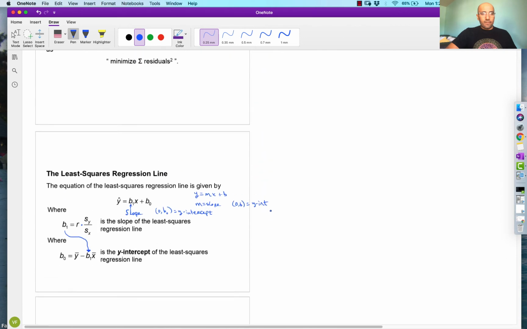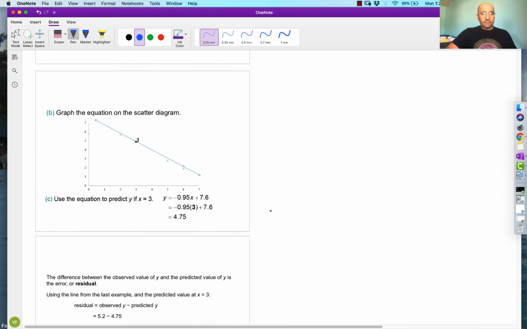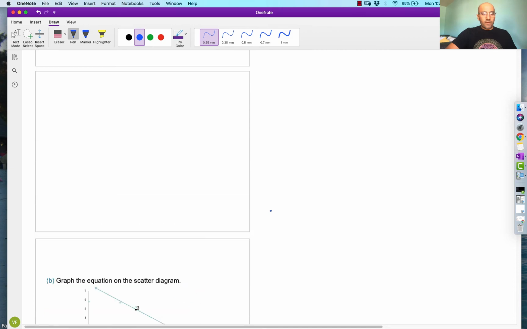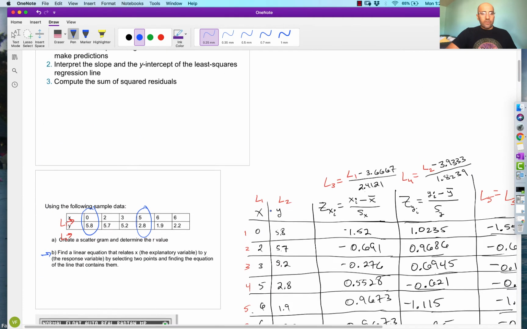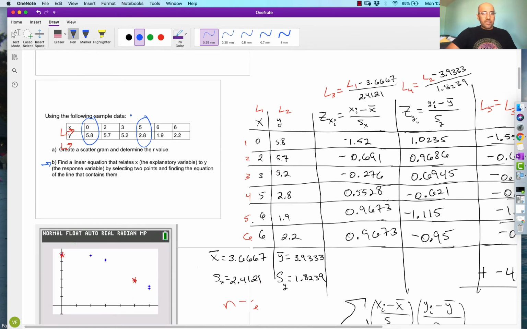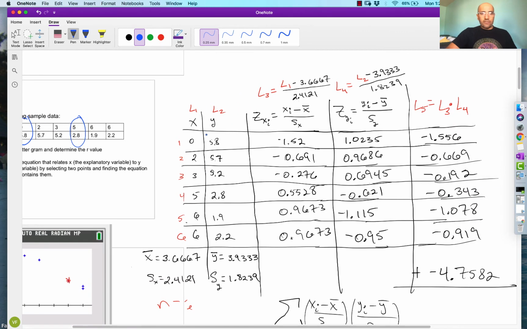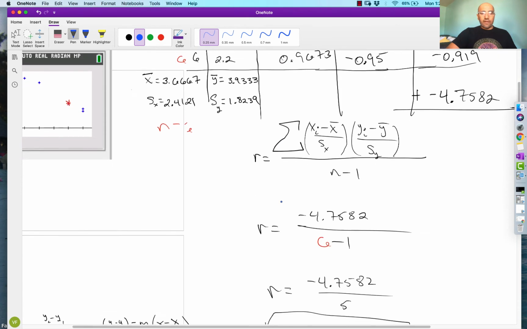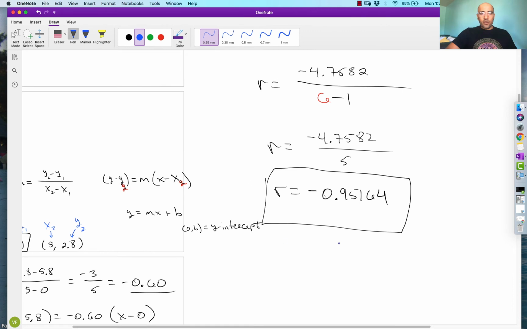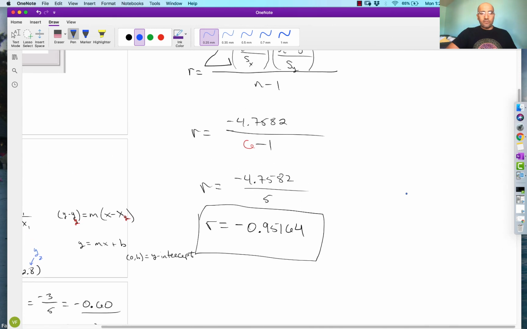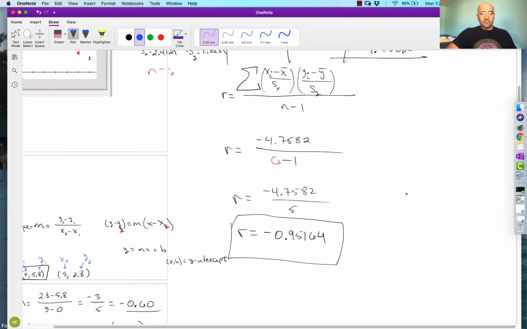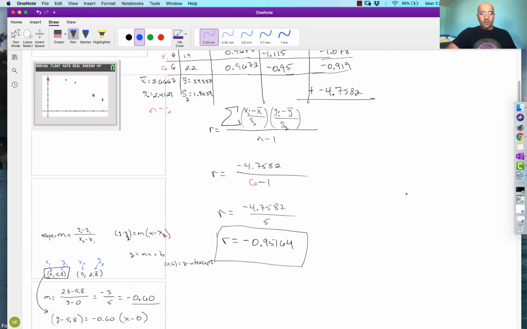Okay, so let's go back to this up here. We've been working with this table. We started with this table, then we created this ginormous table, a crazy painful thing, to figure out the value of r. Here's r. Once we have the value of r, we're going to need the mean and standard deviations for the x and y coordinates, which we have right here.